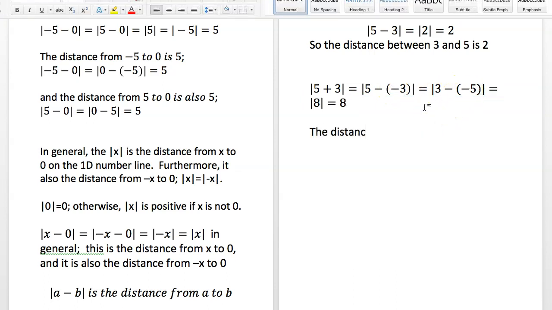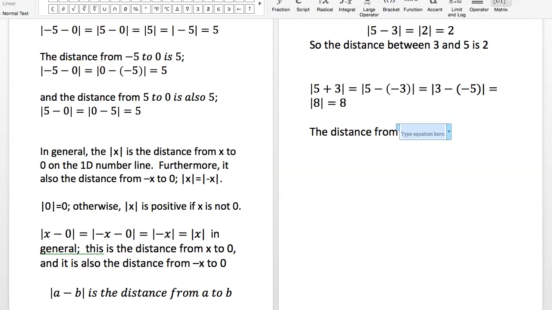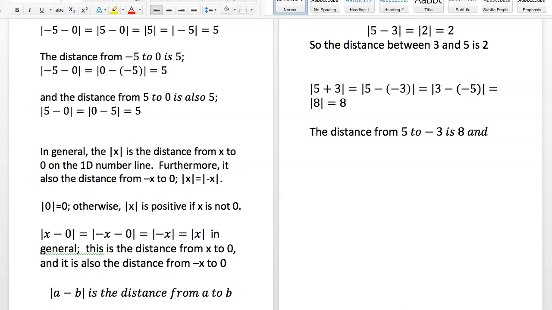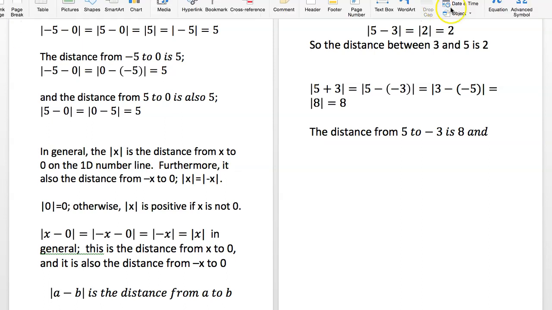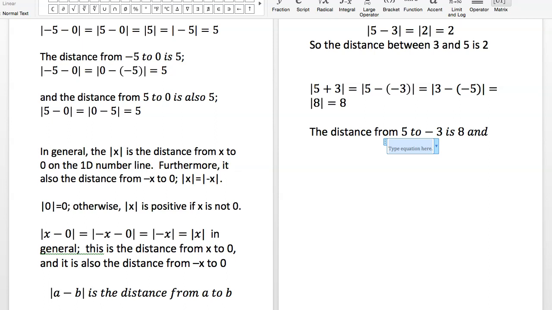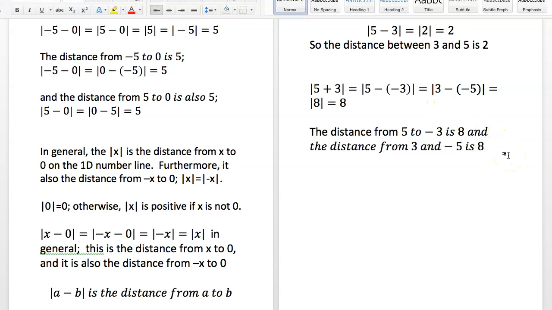The distance from 5 to neg 3 is 8, and that's one point of view, and it's right. And the distance from 3 to neg 5 is 8. Both points of view, one's just as good as the other. They're both valid. That's what absolute value does for you.